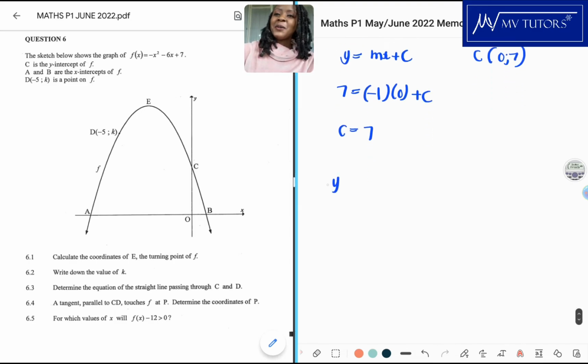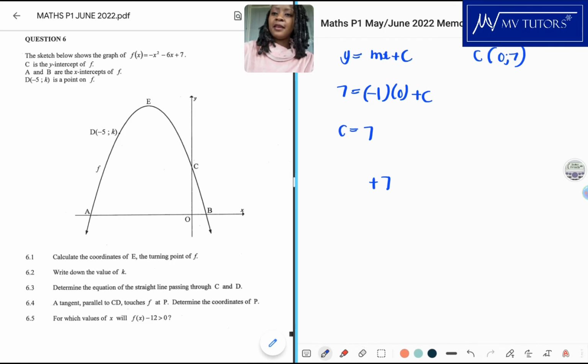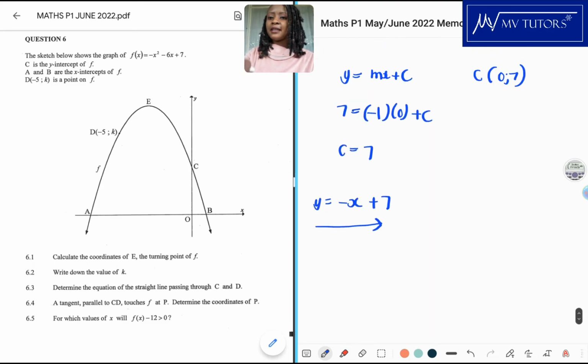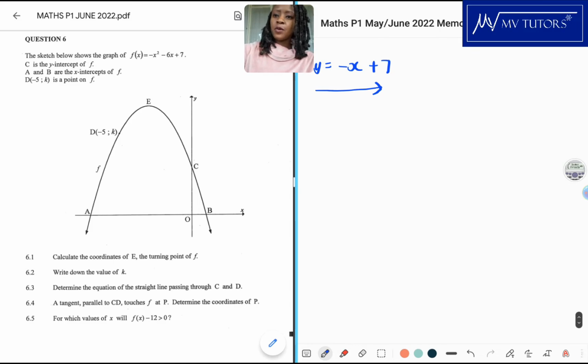So my final equation is y is equal to minus x plus 7, and that is the answer right there. So that was 6.3, and now we go to 6.4.